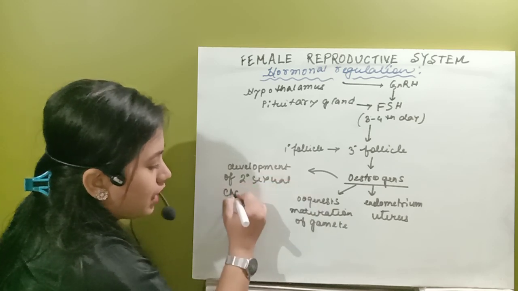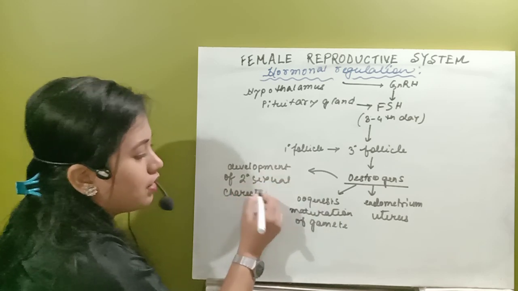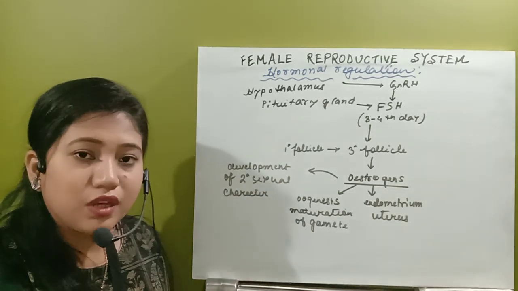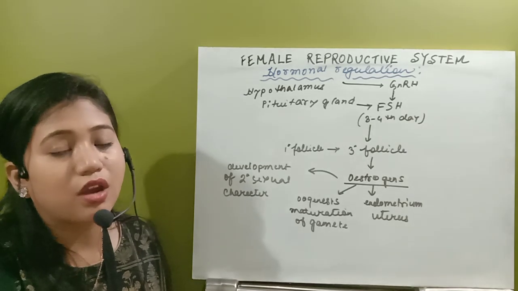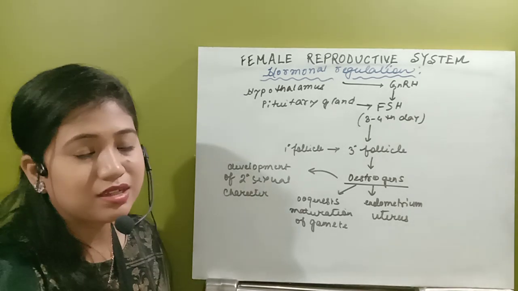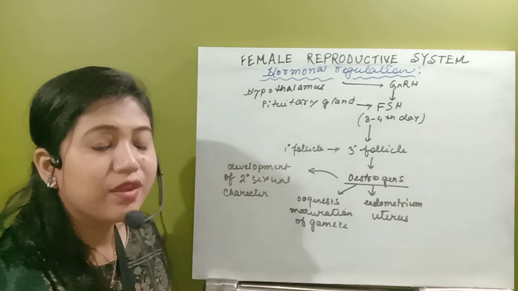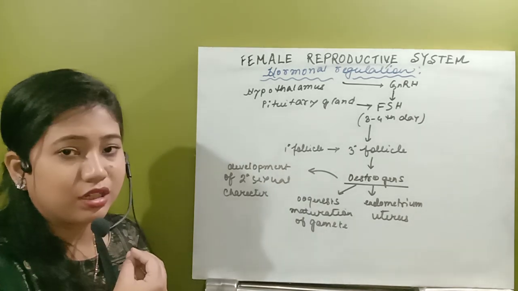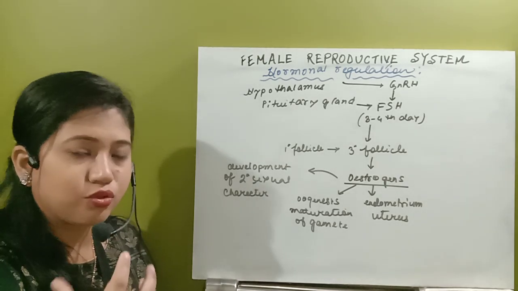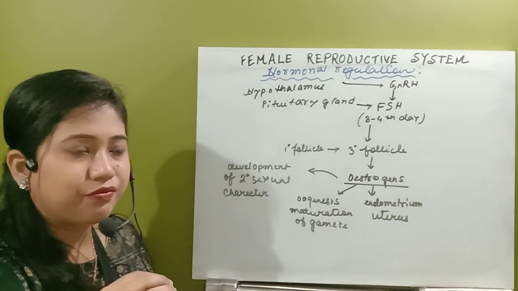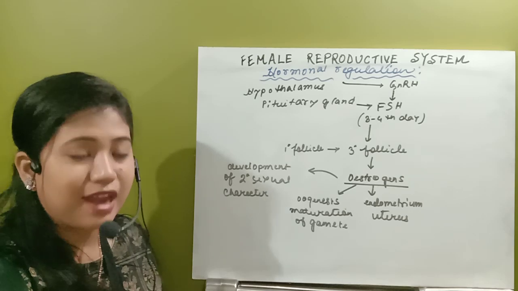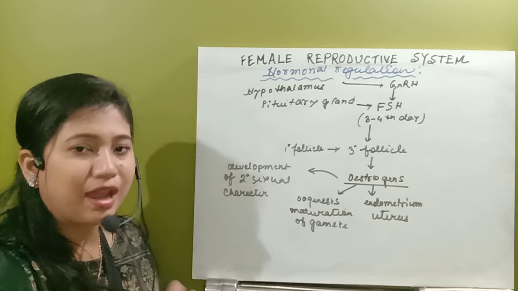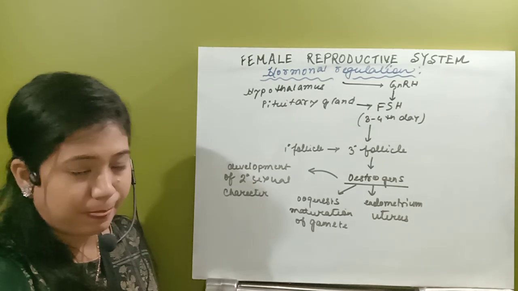The secondary sexual characters include the development of the mammary gland, more lobulation will occur, and more fatty or adipose tissue will get accumulated in the breast. Along with that, it will help the larynx to develop a more high pitched female voice.